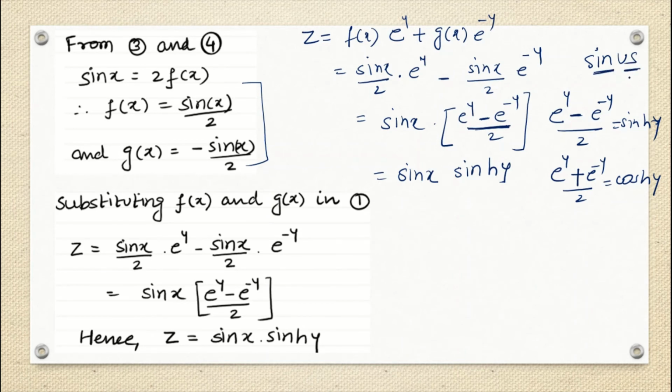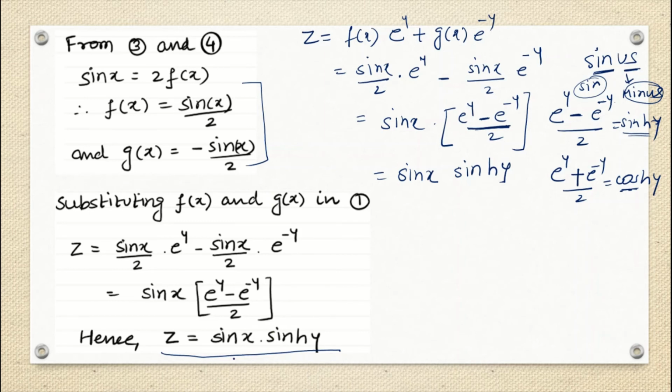So if in between e raised to y and e raised to minus y there is a minus, this will be your sine hyperbolic. And if it is plus, it will be your cos hyperbolic. So we got the answer, correct? So this is the answer of the PDE, which involves the partial derivative with respect to one independent variable only.